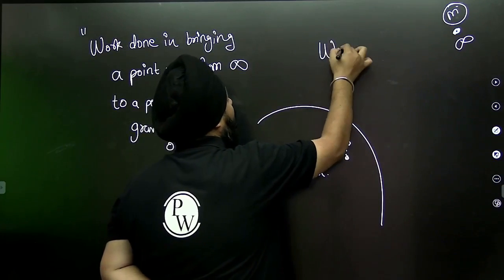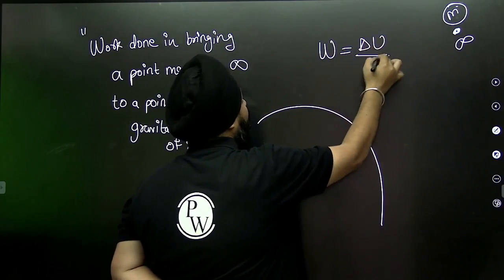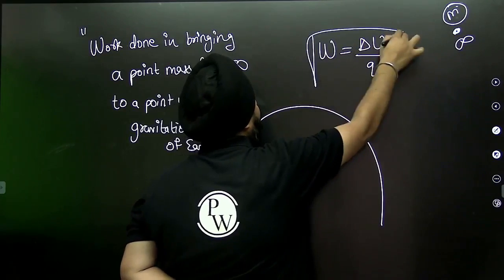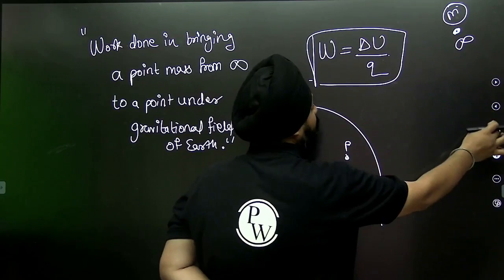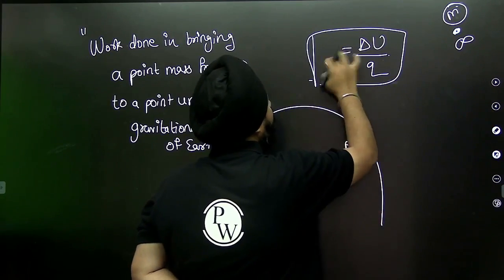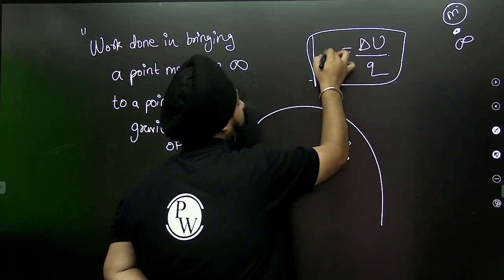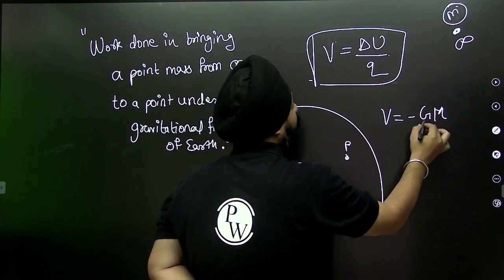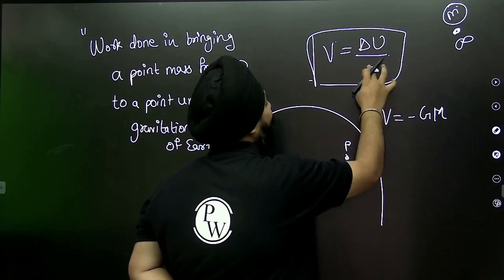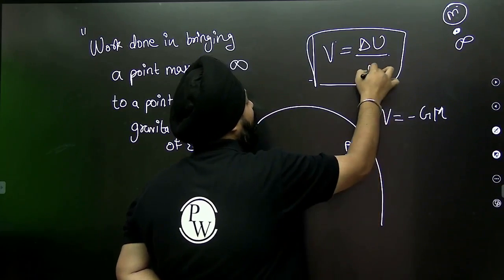So here that work done is equal to the change in potential energy per unit charge, right? Not work done, the change in potential energy per unit charge, that is gravitational potential, and it is defined as GM, not per unit charge, it is per unit mass. It reminds us about electrostatics.